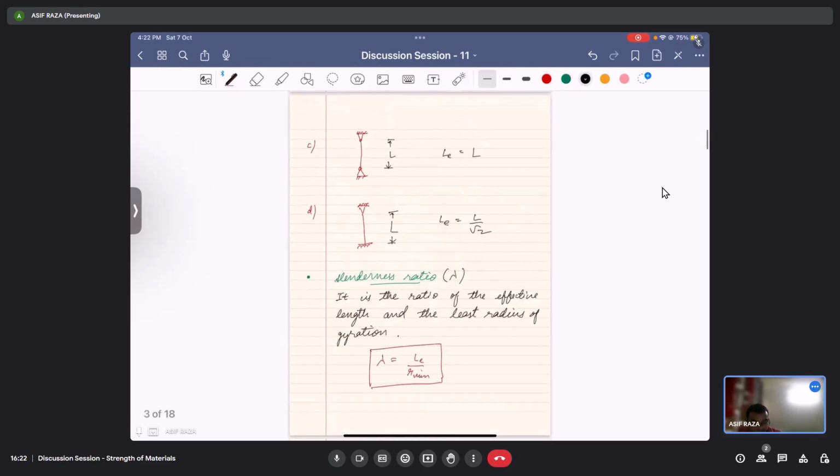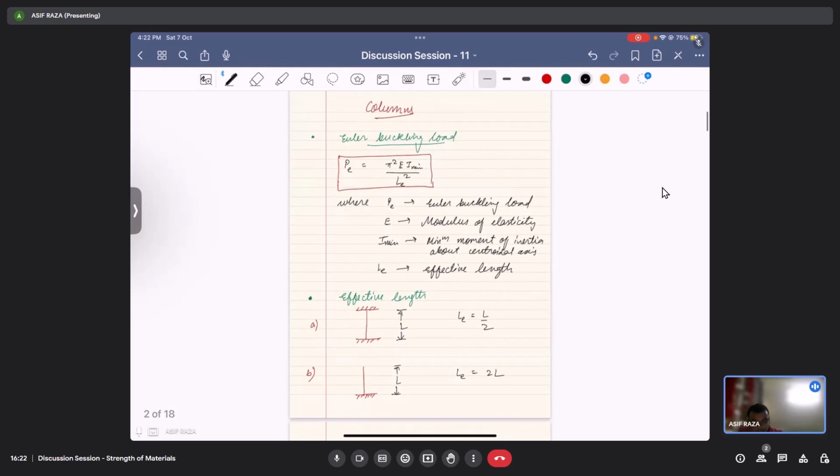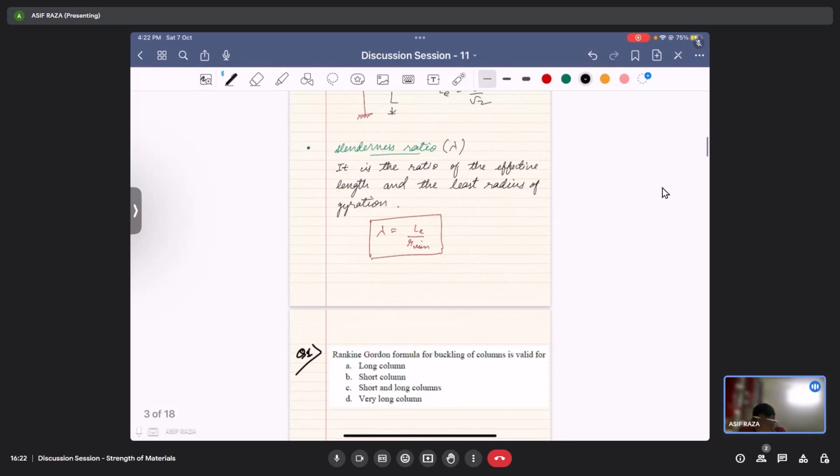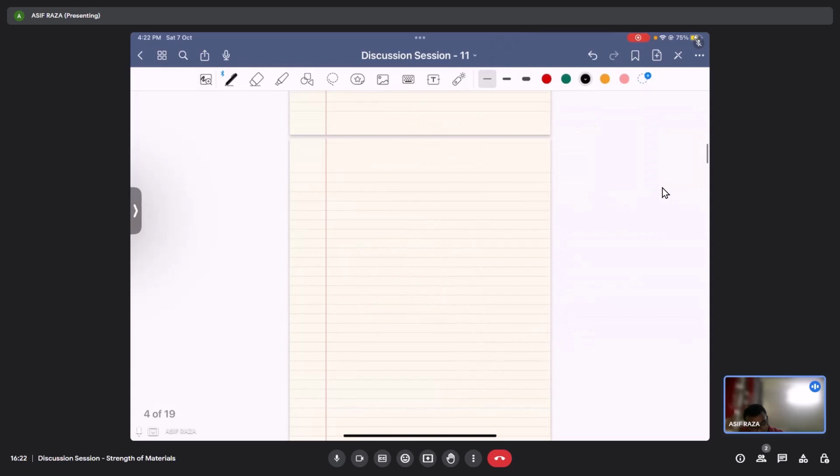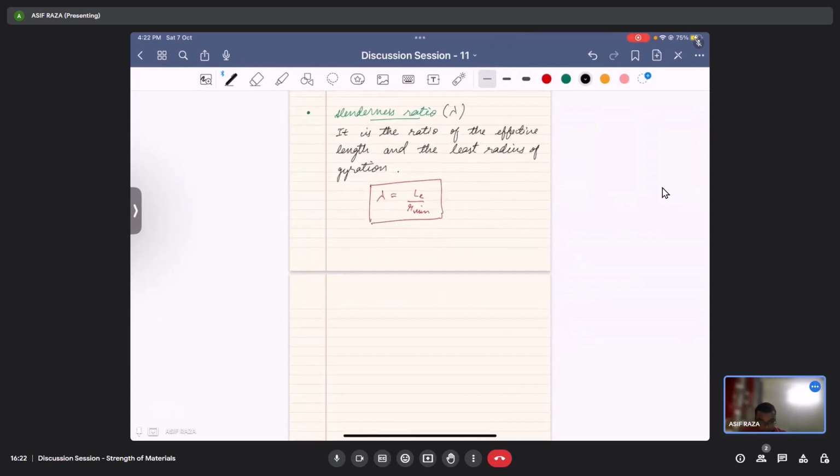Now if you see the relation for Euler buckling load, PE is equal to pi square E I minimum upon LE square. One thing that can be done is I minimum is equal to A times R minimum square.